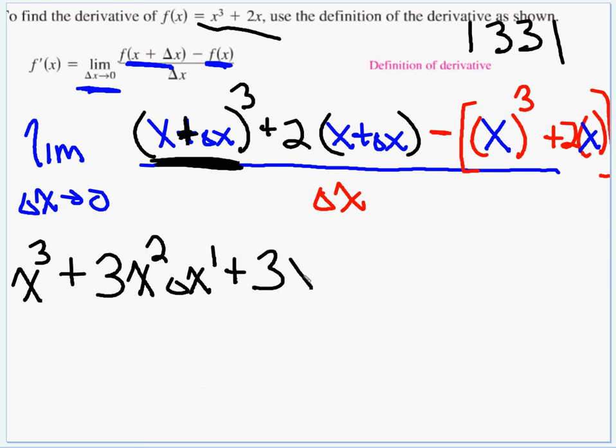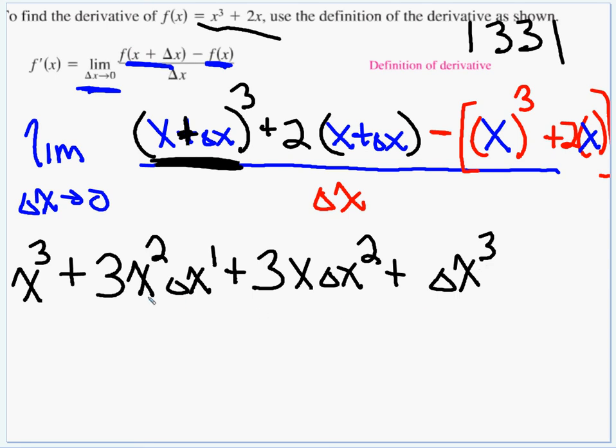1, 3, 3 is our next coefficient. X drops a power to x to the first. Delta x increases the power to delta x squared. 1, 3, 3, 1, that's our last coefficient, so I'm not even going to write it. X goes down a power, so we could write x to the 0, but that's 1, so we won't. But then we're going to have a delta x to the third.